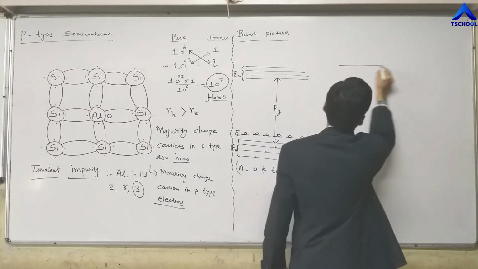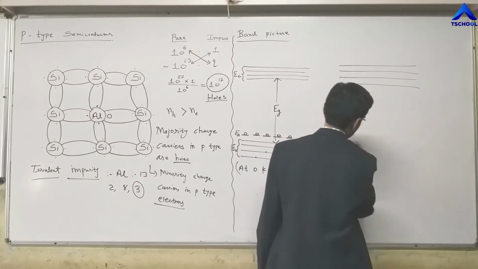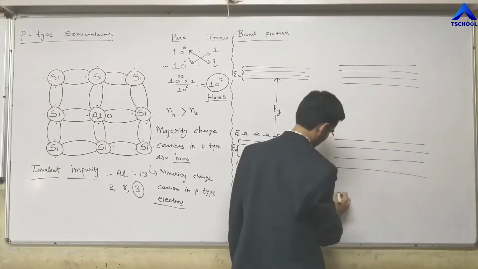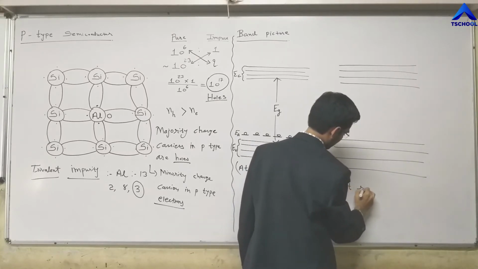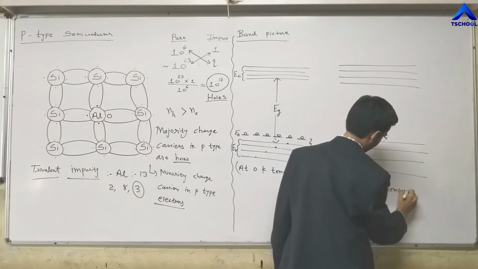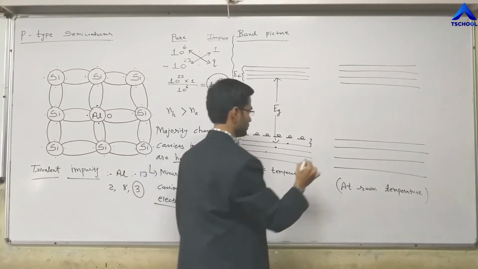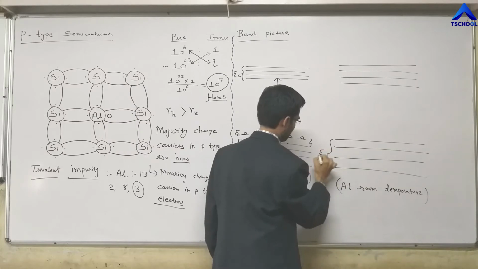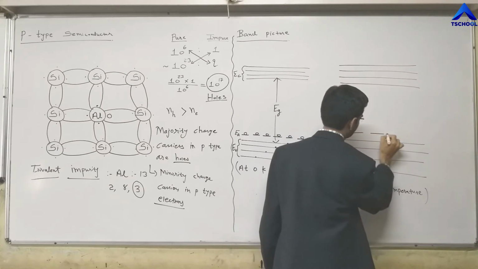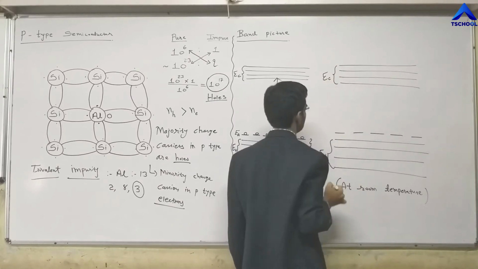Now at room temperature, here is the band picture for a p-type semiconductor: the valence band energy level, the acceptor band energy level, and the conduction band energy level.